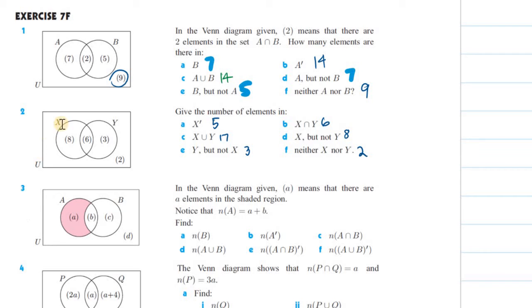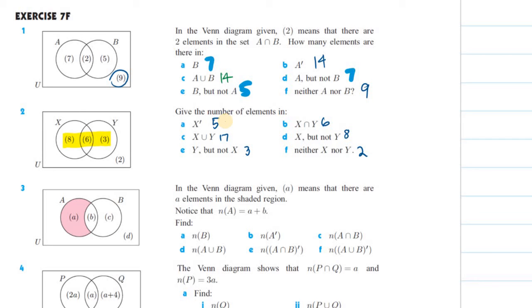Okay, if you took time to do it by yourself, you should have seen that anything that is not X is 5 elements, because that includes the things here and here. Those are not X. If we look at part B, X intersection Y, that's where they overlap. So that's here. For part C, X union Y, that's all parts.